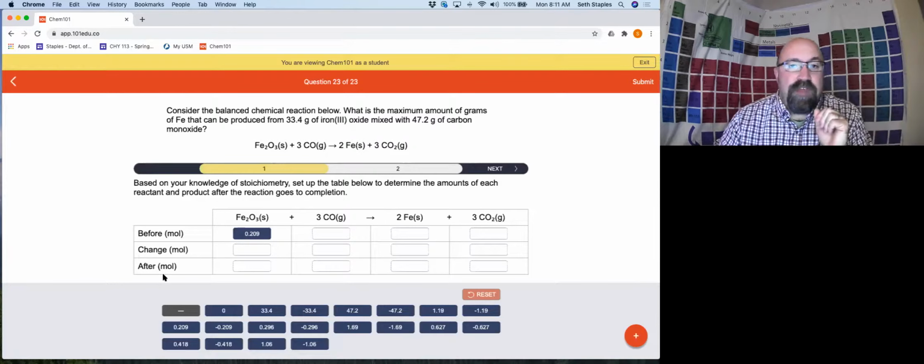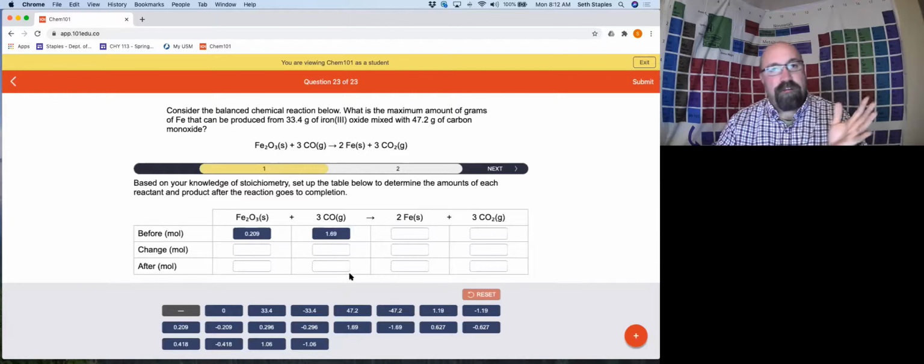And then we're going to do the same with our carbon monoxide. We're starting with 47.2 grams of that. And we will divide that by the molar mass of carbon monoxide of 28.01. And we find a starting amount of 1.69 moles of carbon monoxide.